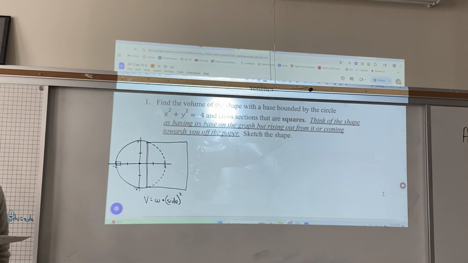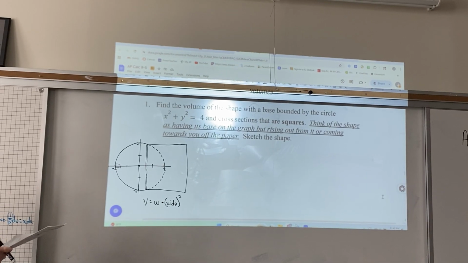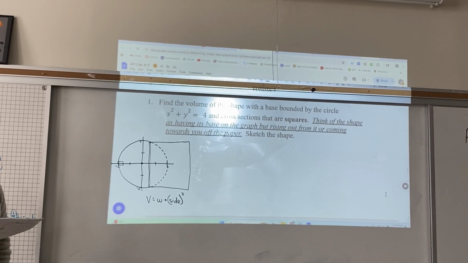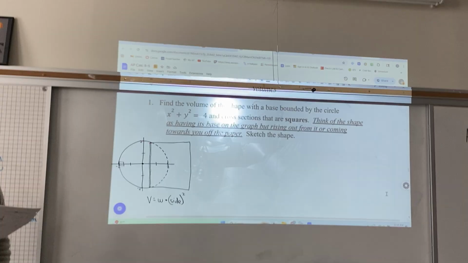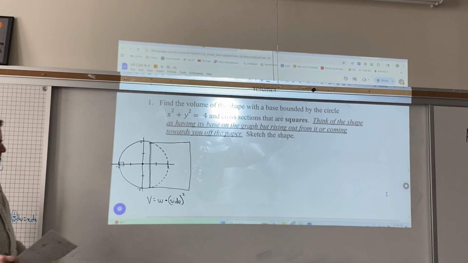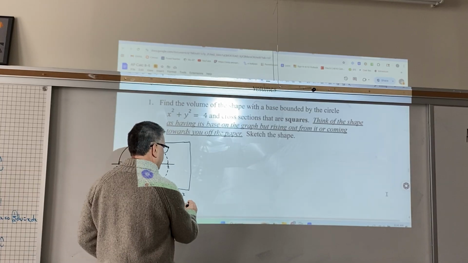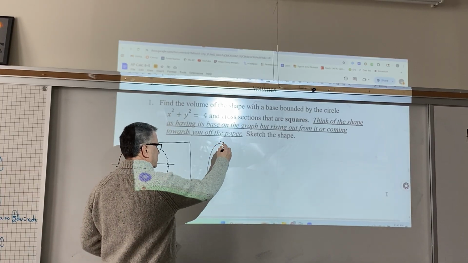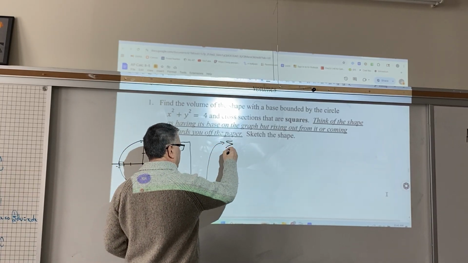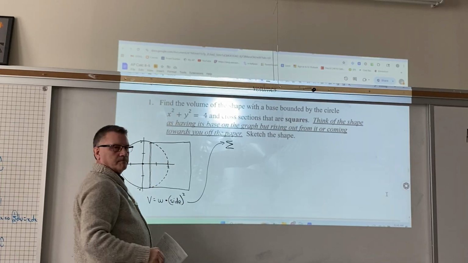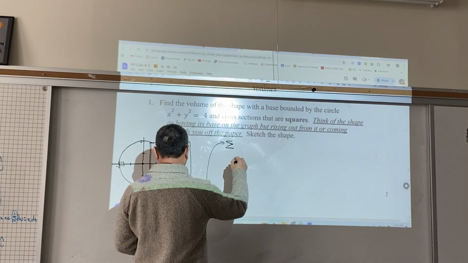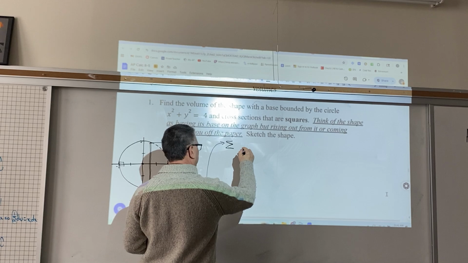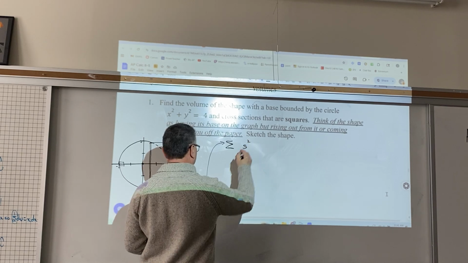Because that square's got some depth to it. So what I would like to do, we'll eventually skip this. I wanna add up all of these squares in here, which are going to have side squared. Can I just call that S squared?